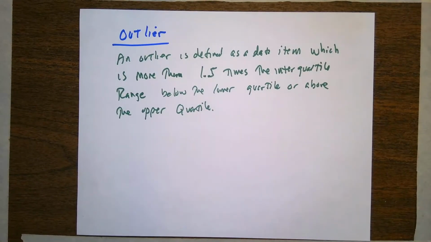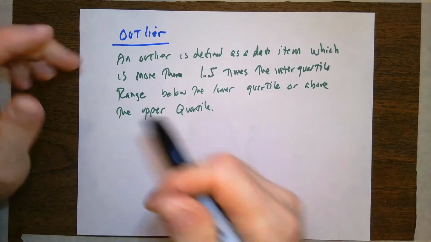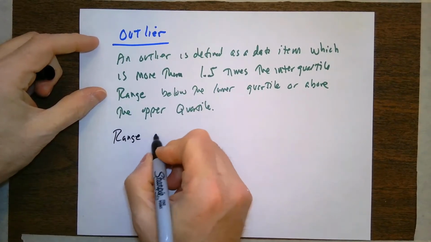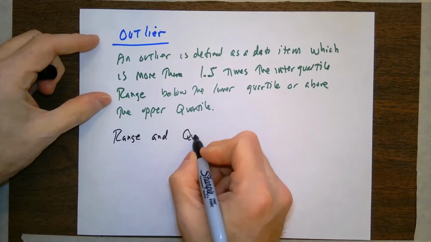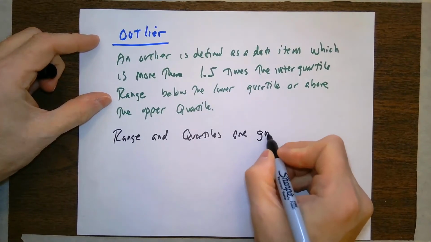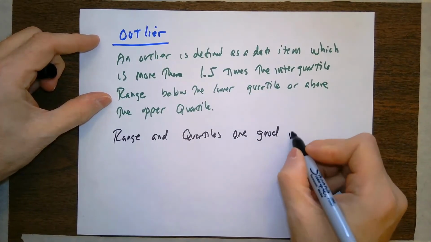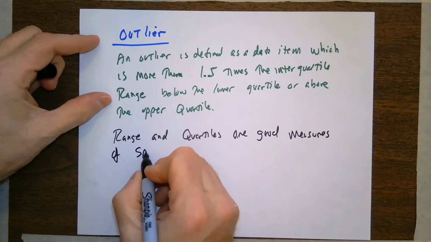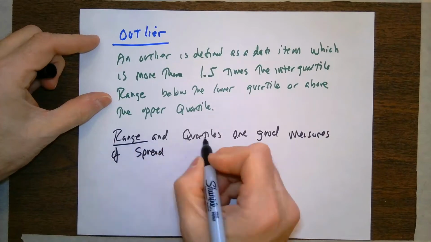All right, range and quartiles are good measures of the spread of data.